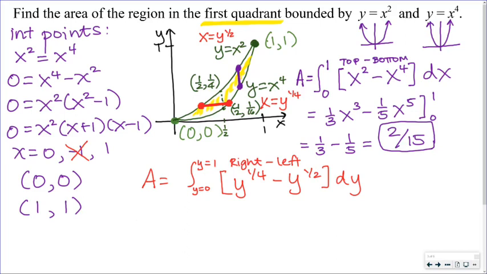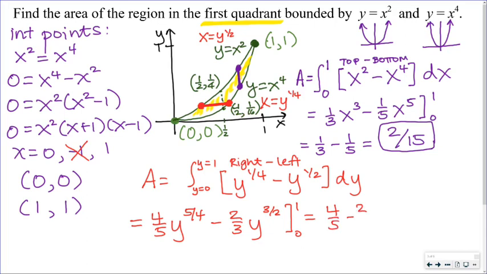And so that integrates to 4/5 y to the 5/4 minus 2/3 y to the 3/2 from 0 to 1, which is 4/5 minus 2/3, or 12/15 minus 10/15, or 2/15, which is exactly what we got the first time, which is, of course, what we should be getting regardless of which method we use.